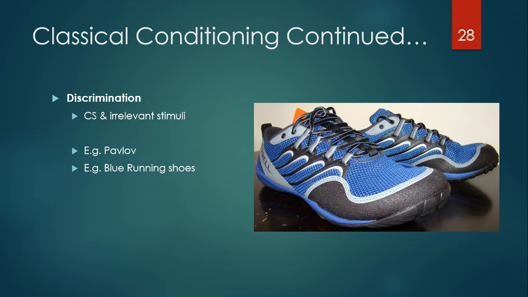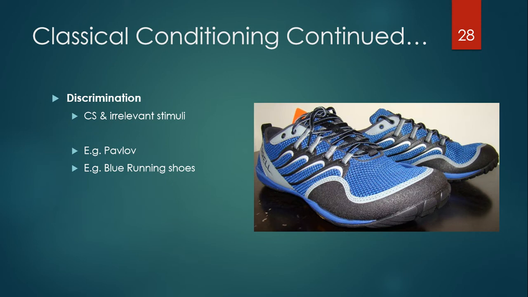And what Pavlov would do is play that very low sounding, low tone, and that is the one that was paired with food. And the dogs would learn that association. Low tone equals food. So pretty soon they're drooling in the presence of that low tone. Then he might come back and play a piano key on the opposite end of the piano, a very high-pitched piano key. And lo and behold, the dogs won't drool to that piano key. It's not similar enough to that low tone to elicit a drooling response.